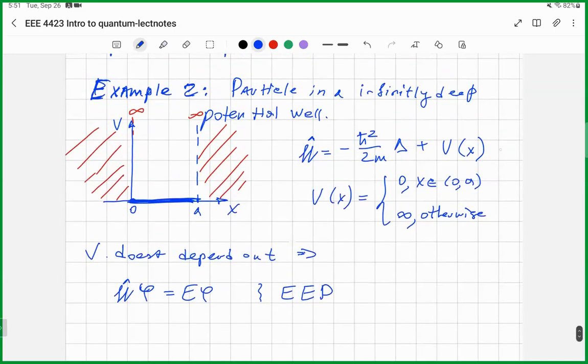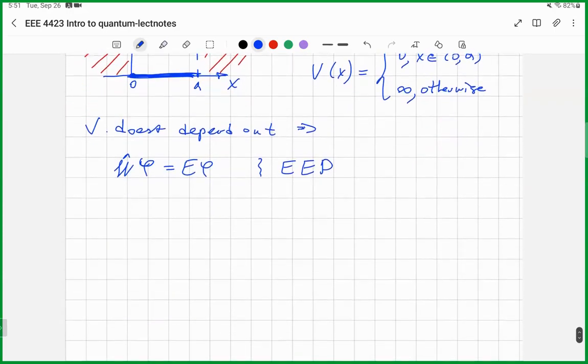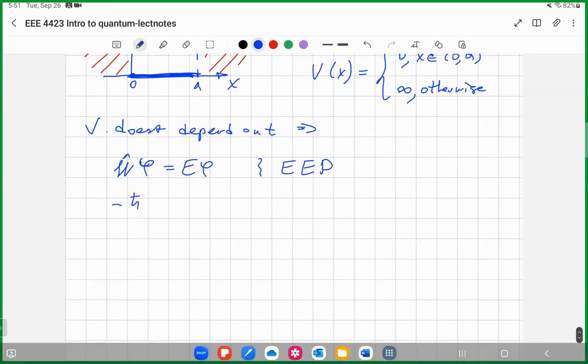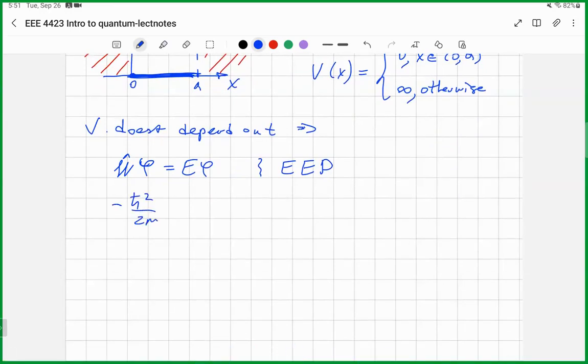So we use this Hamiltonian above, right? It's going to be minus h bar squared over 2m Laplacian. The Laplacian is d2 over dx2 plus d2 over dy2 plus d2 over dz2.